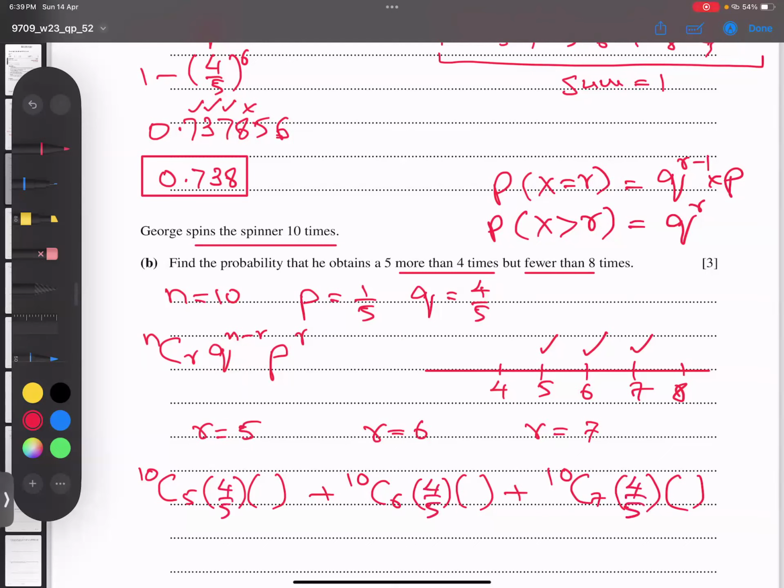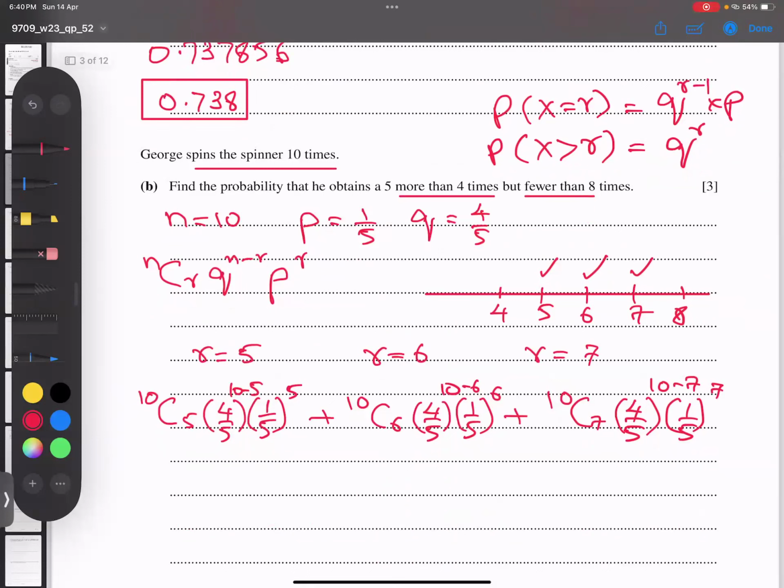In the second bracket the p value, 1 over 5. And the difference of the values comes in the first bracket: 10 minus 5, and this 5 goes directly; 10 minus 6, and 6 directly; 10 minus 7, and 7 directly.